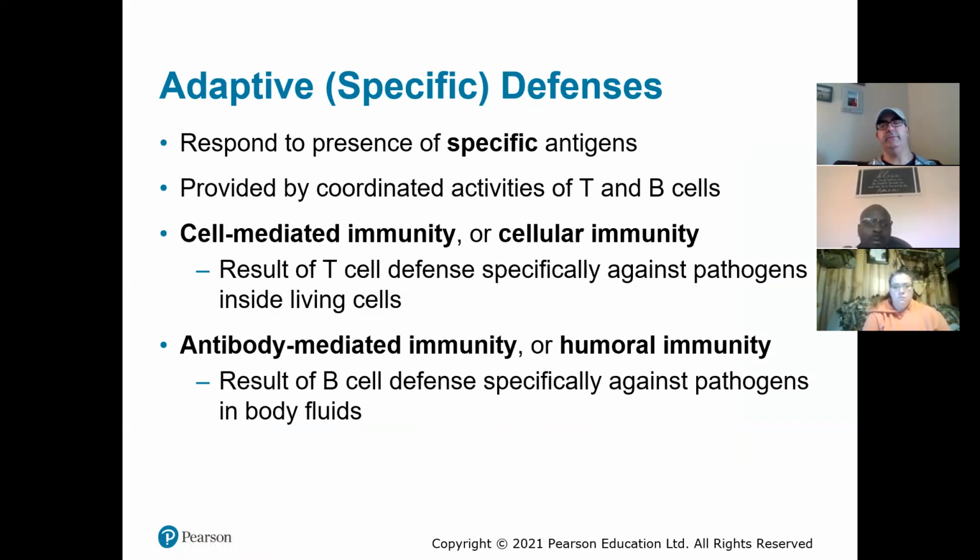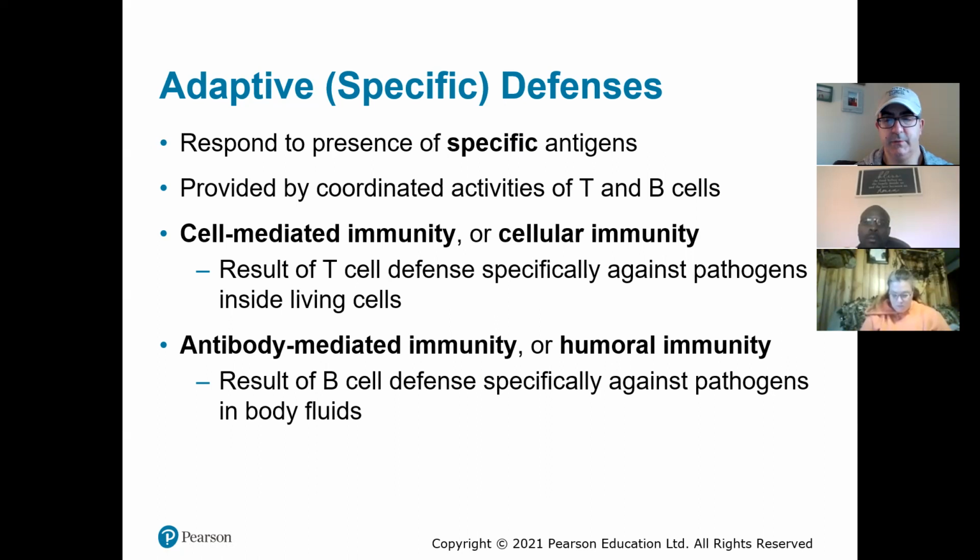This adaptive defense, it's always specific, right? It's always looking for specific antigens, specific markers on the outside of a cell. And there are two separate wings of it, or two separate branches of it. One is called cell-mediated and one is antibody-mediated. Cell-mediated immunity or cellular immunity is always T cells, okay?